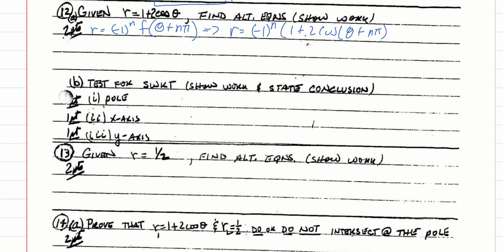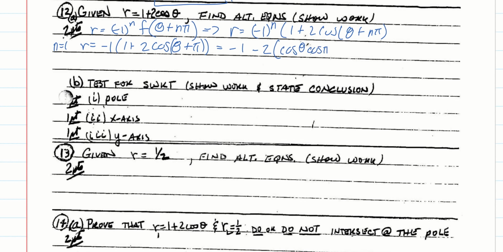So we know for n equals 1, we'll have r equal to -1 times 1 plus 2 cosine theta plus pi. Which will equal -1 minus 2. And we'll go ahead and use the identity for cosine theta, cosine pi.